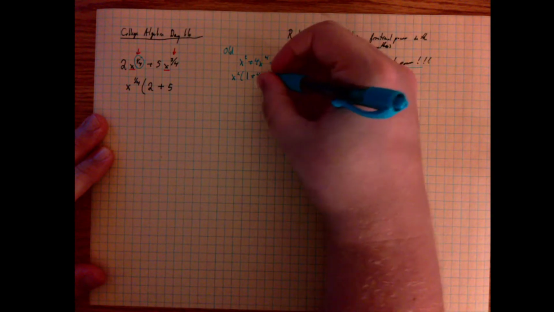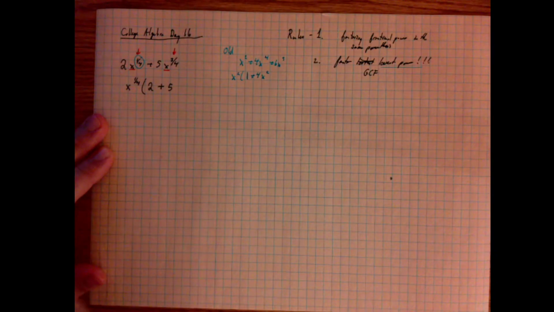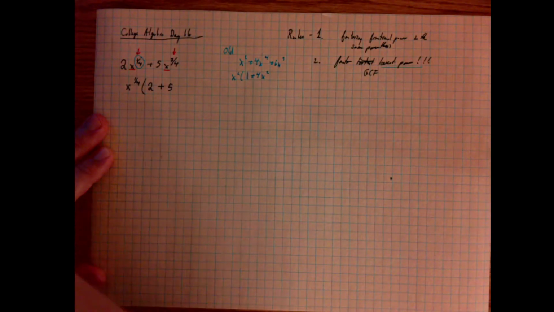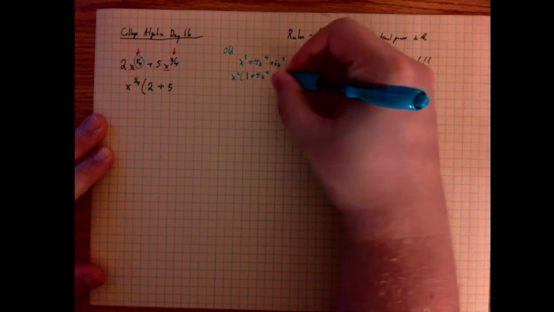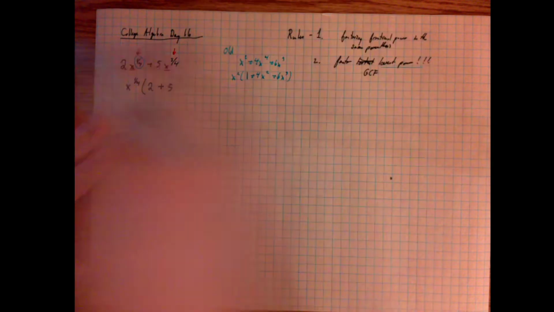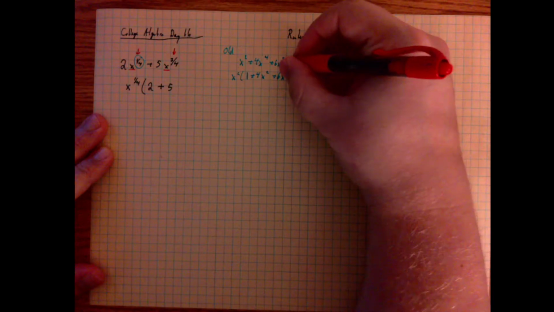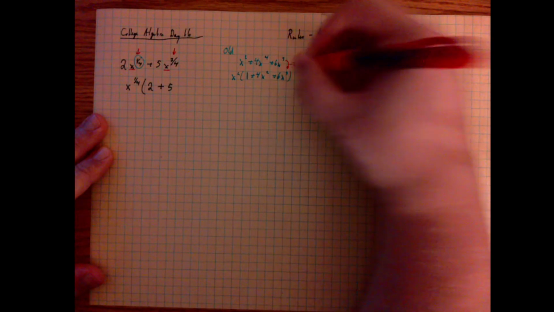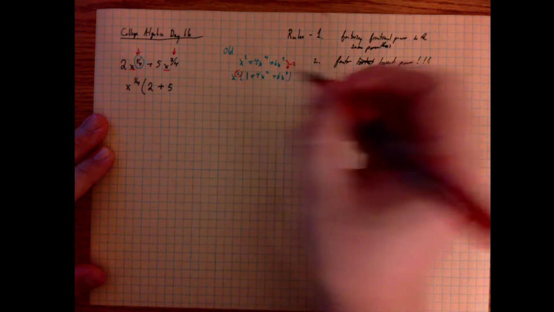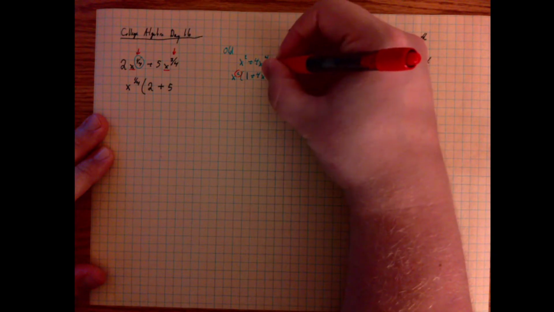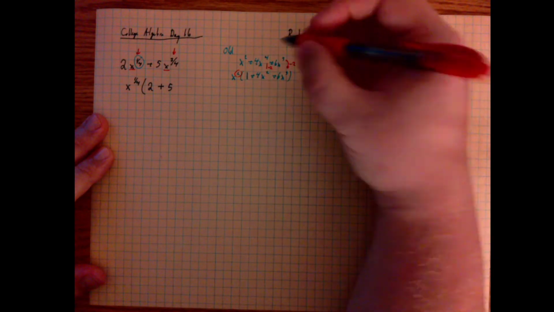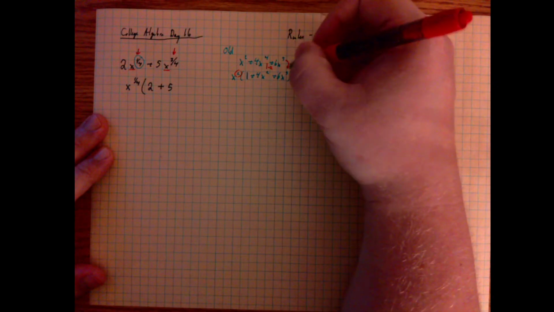And when I take the pieces, I end up subtracting in order to get this to work. How do I get this 3? I subtract 2. How do I get this 2? I subtract 2. 4 minus 2 gives us the 2, 5 minus 2 gives us the 3.